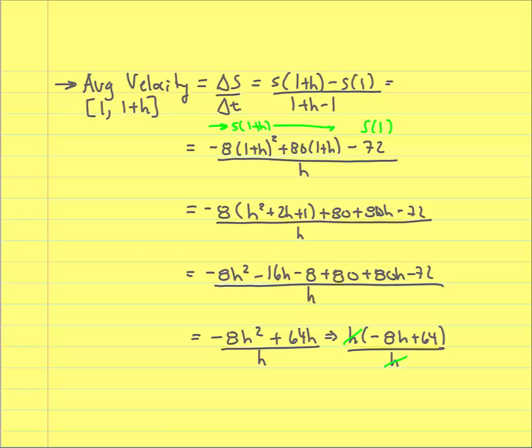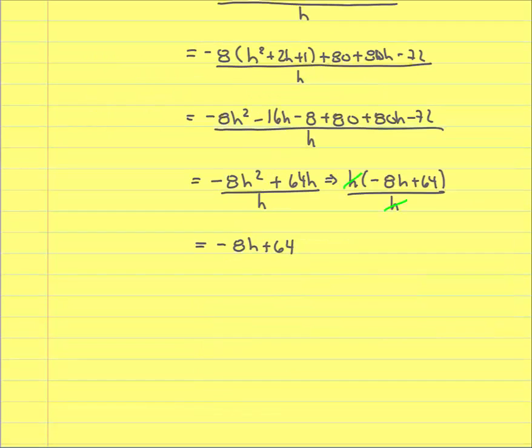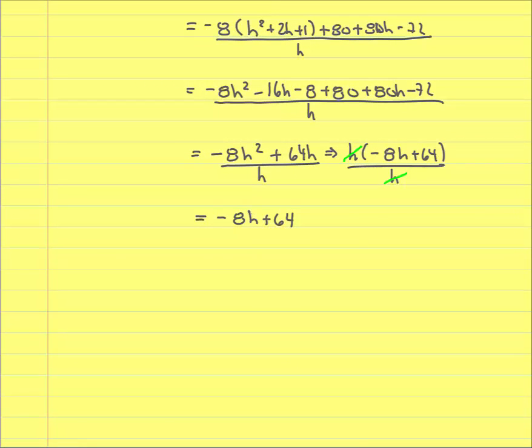And so my average velocity then for any interval between 1 and 1 plus h, where h is a value that could be 0.1, 0.01, etc., is equal to negative 8h plus 64. Okay, so this is a nice little formula to come up with, because if I wanted to check to see what was going on in the interval from 1 to 7, this is going to be the interval from 1 to 1 plus 6.